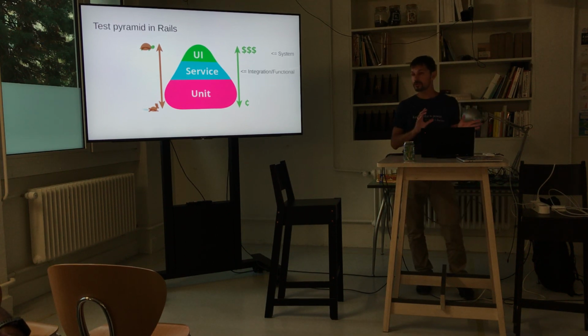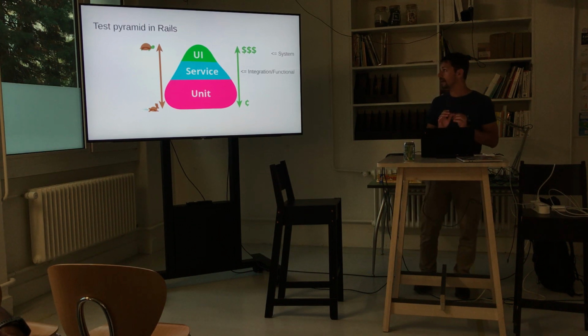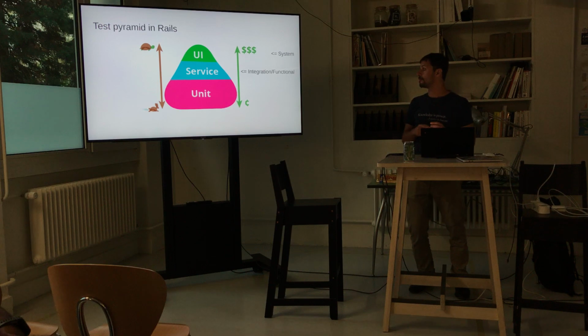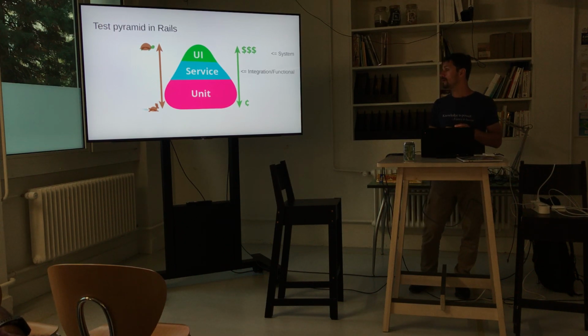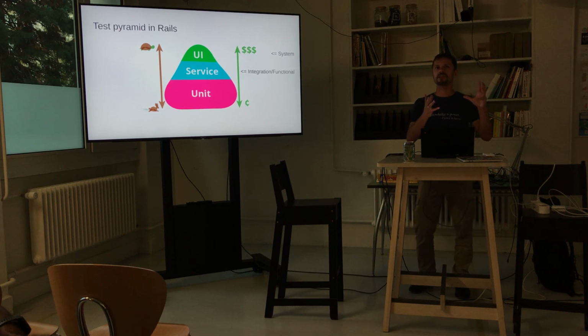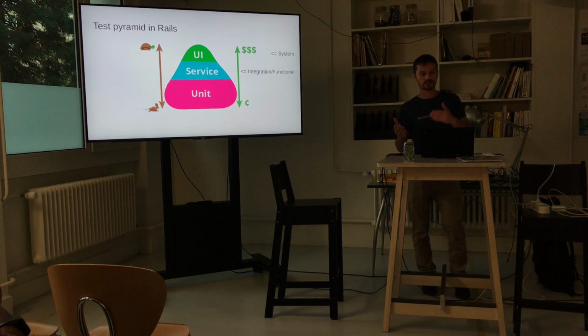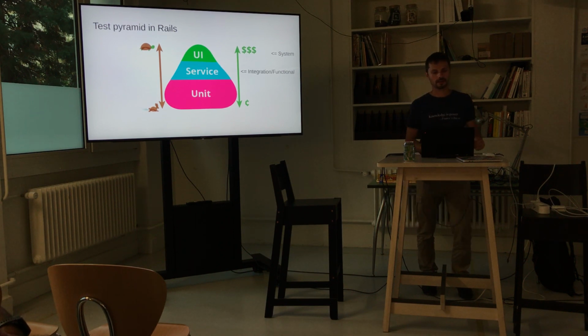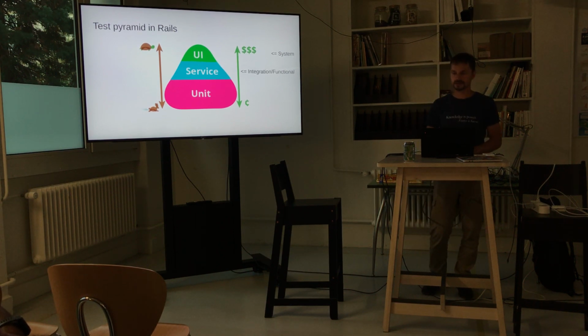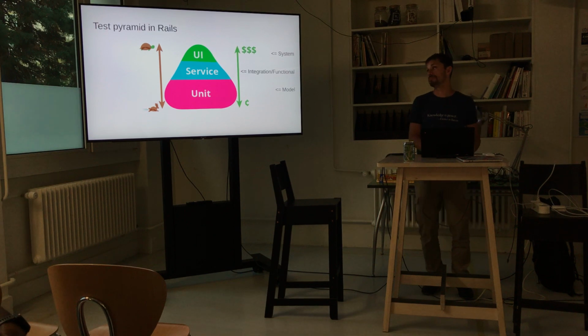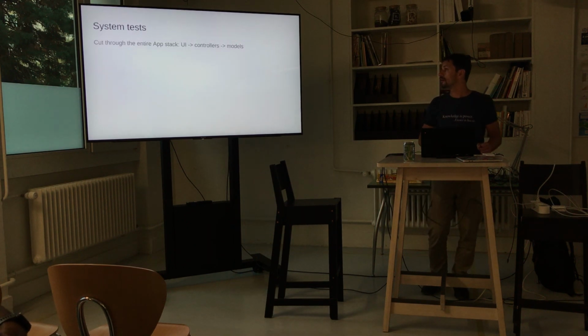The distinction between the two is not fully understood by me yet, but they do kind of test the integration. Well, they can test the behavior of controllers, but also integration with the models. So it kind of falls into the service layer. And the model tests, they do test business logic in ways.